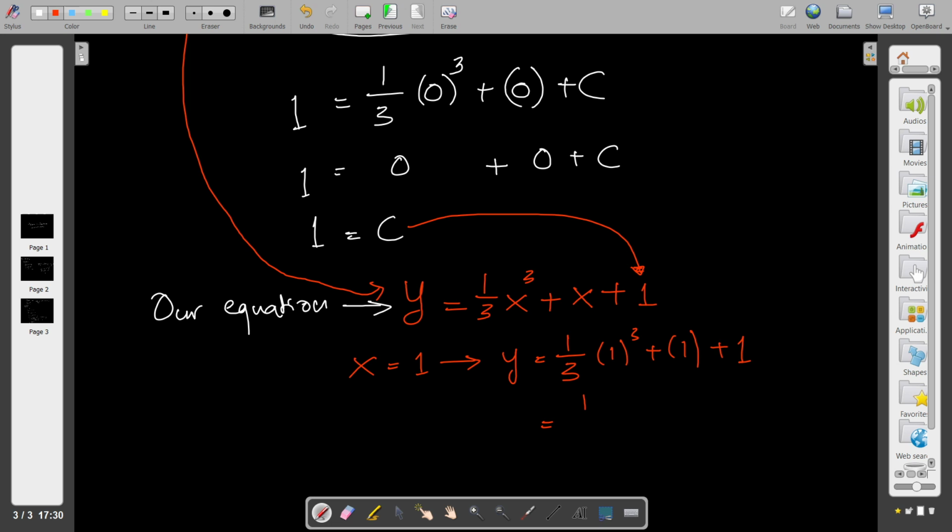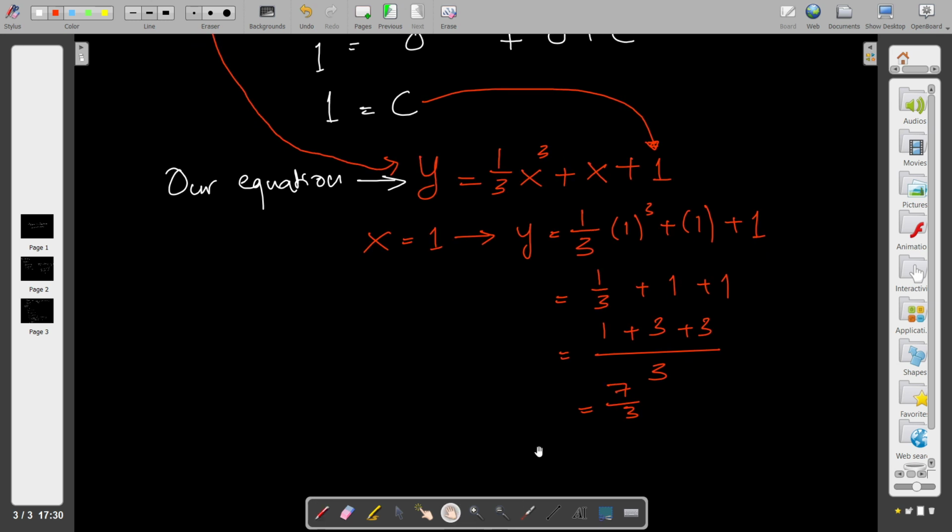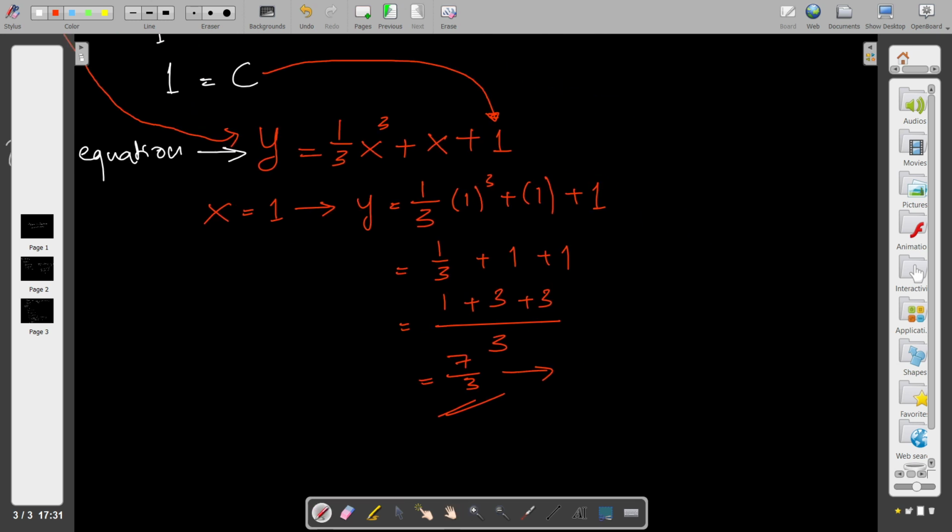So this is 1/3 plus 1 plus 1, and it will be equal to 1 plus 3 plus 3, and then this is 7/3. So this is our answer to our problem.